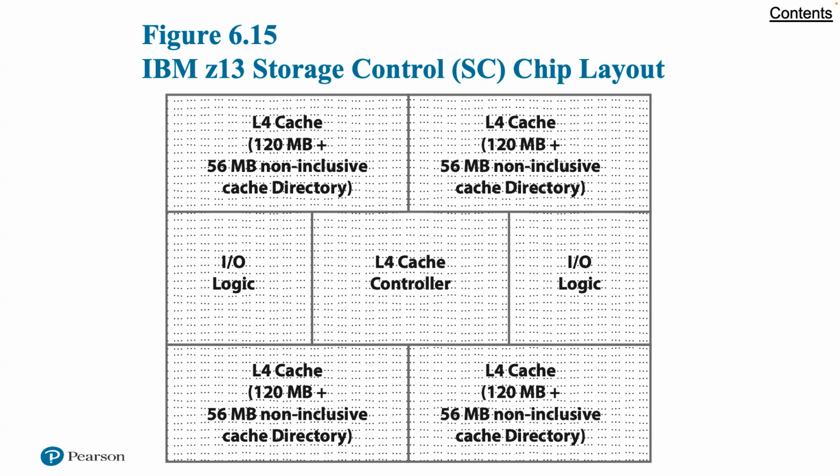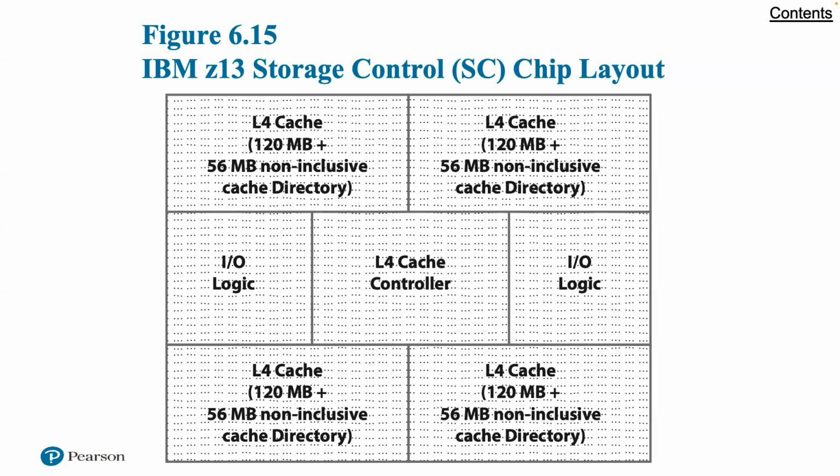The L4 cache on each SC chip has 480 megabit of non-inclusive cache and a 224 megabit non-data inclusive coherent, or NIC, directory. The NIC directory consists of tags that point to the L3 owned lines that have not been included in L4 cache. Figure 6.15 also shows the physical layout of the SC chip.